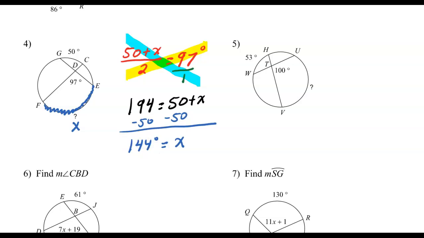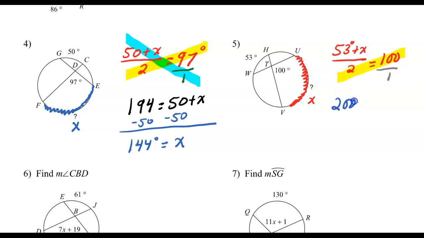There are other ways of doing that problem, but I think that is the easiest, and it'll help us with problems 6 and 7. In problem number 5, again, I'll call that x. So my equation would be 53 plus x over 2 is equal to 100. I'll put this over 1 and cross multiply.